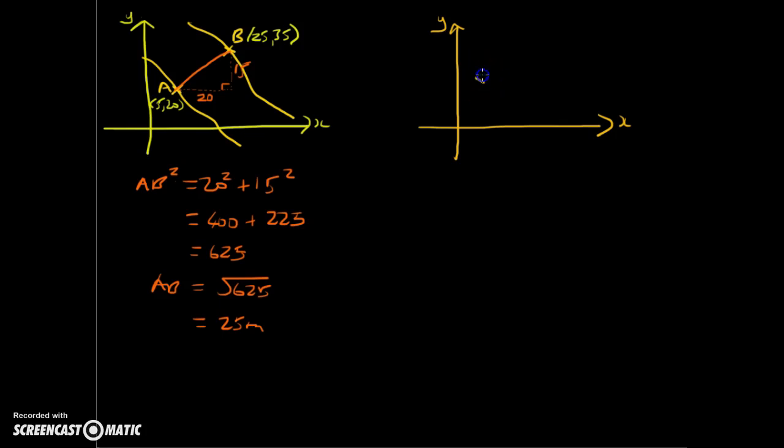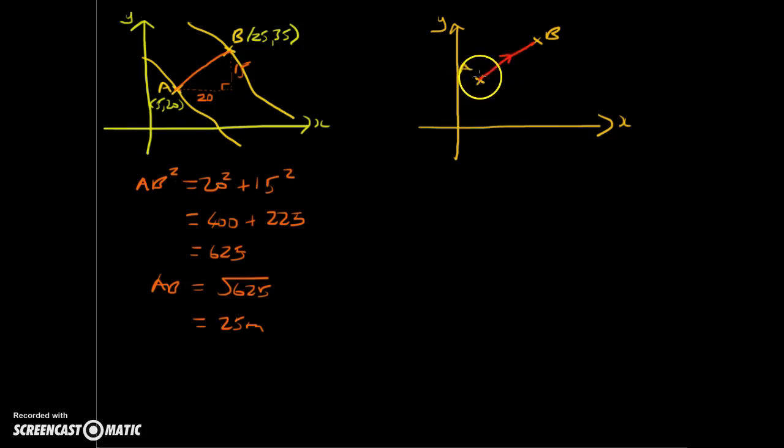So we've got point A there, and we've got the point B here. And again we're looking for this distance here. Now we could use the vector AB to help us.